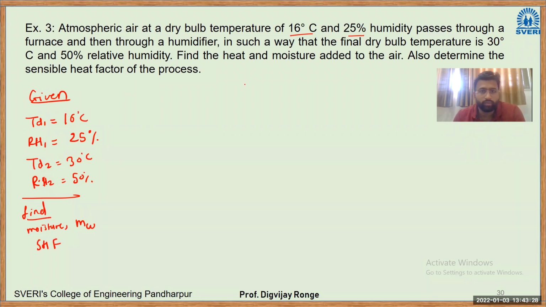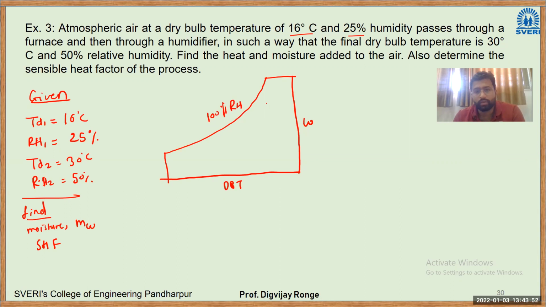Okay. So first of all, you have to show this process on the psychrometric diagram. So here we have the abscissa, where we have dry bulb temperature. Here we have the ordinate, where we have specific humidity. Then obviously we have a saturation curve, the 100% RH curve. Now what is happening here?